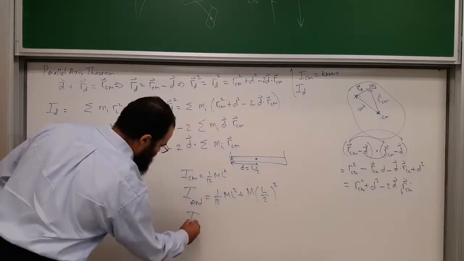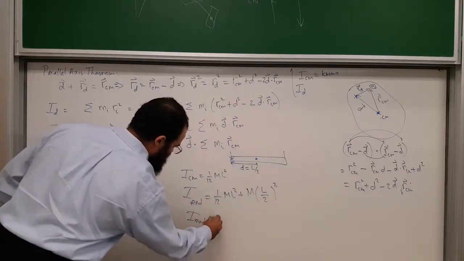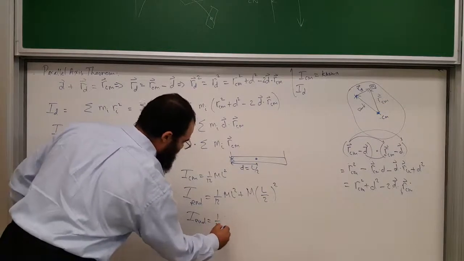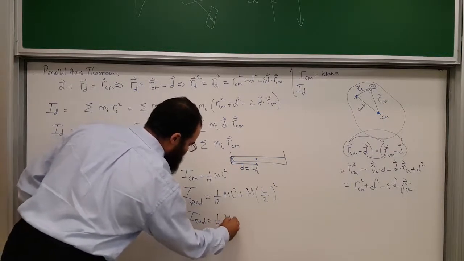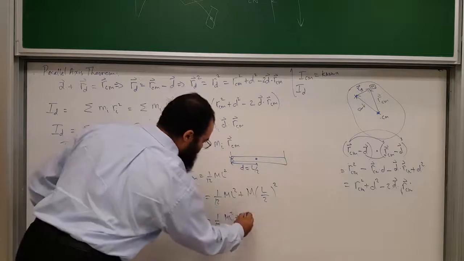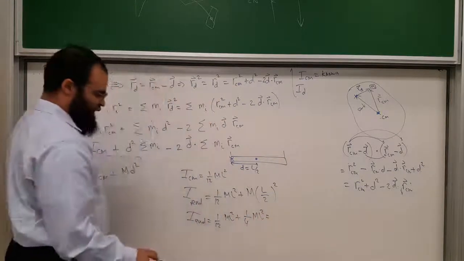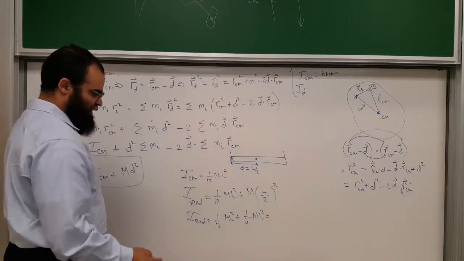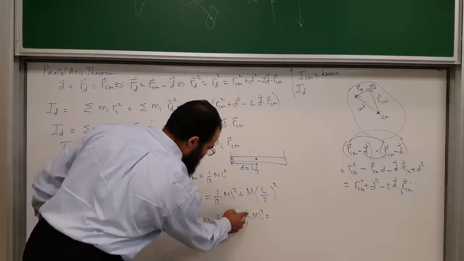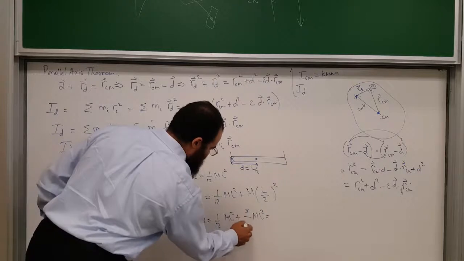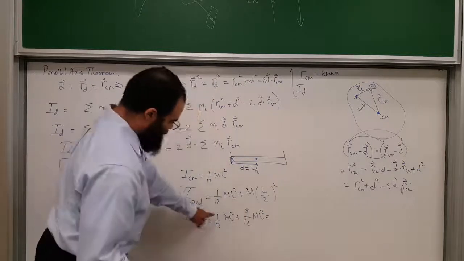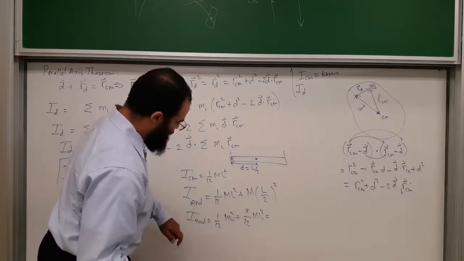So I through the end will be 1/12 ml squared plus, this becomes 1/4 of ml squared. And a fourth plus a 12th, I believe, is a third. Yeah, because a fourth is 3 over 12, and 1 plus 3 becomes 4 over 12.